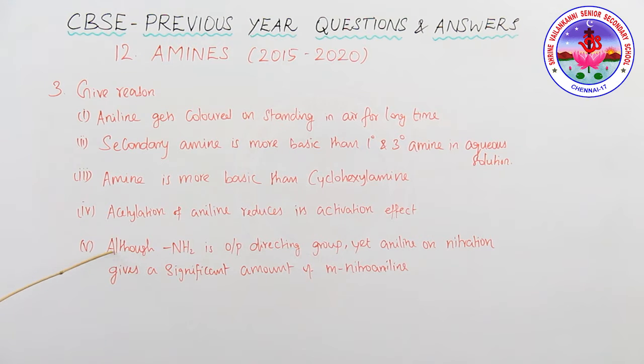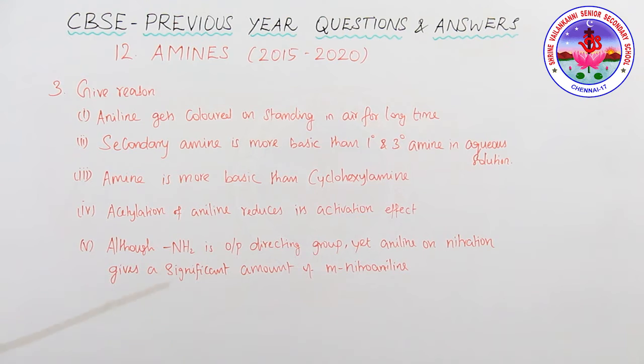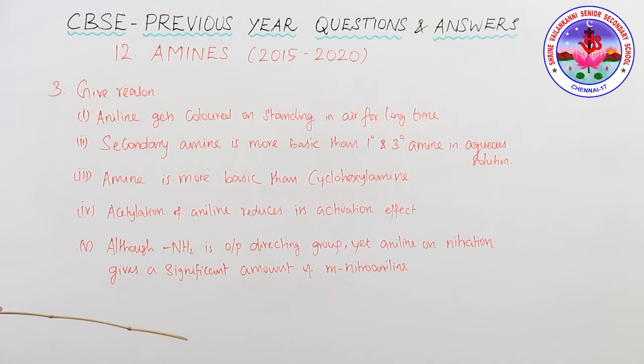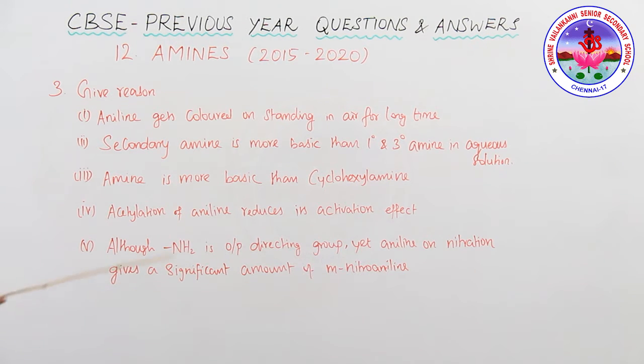Then, although the NH2 group is ortho or para directing, aniline on nitration gives a significant amount of meta-nitroaniline. Why? Here the nitration occurs in acidic medium. In acidic medium, aniline gets protonated. So the answer is that aniline gets protonated.